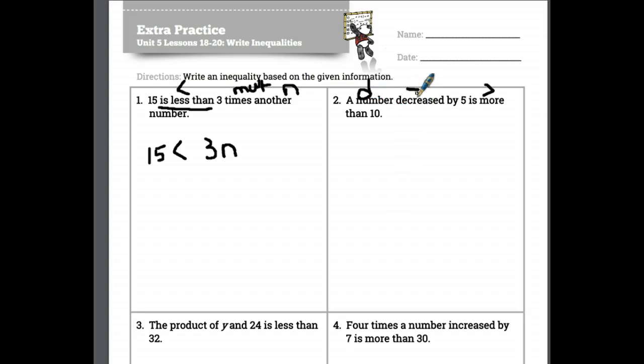A number decreased by 5. D subtract 5 is greater than 10. Okay, and that's what you should have found for 1 and 2.